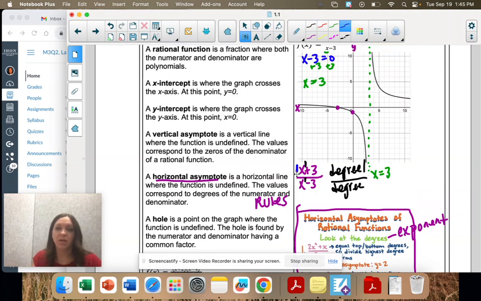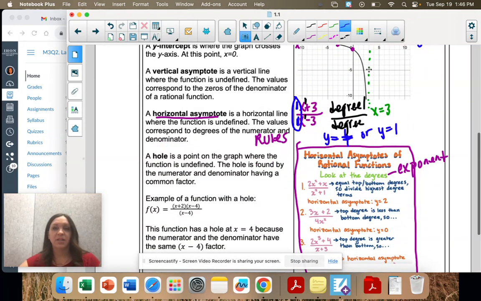So this is 1x over 1x. Our asymptote is y equals 1 over 1, or just y equals 1. So right here, this is our horizontal asymptote. And you can kind of see the lines curving away from it. Okay, the lines will never, ever cross that.